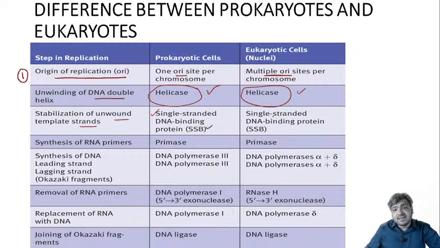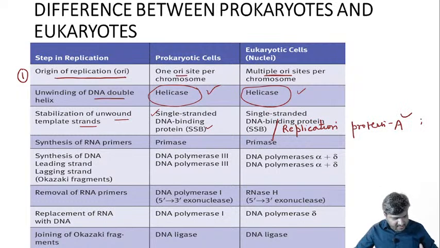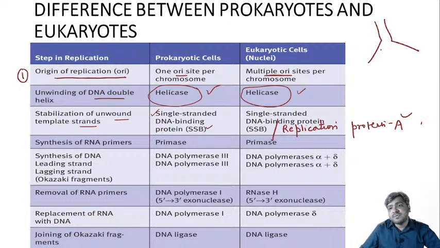And the single stranded binding proteins in eukaryotic cells are also called replication protein A. Apart from that, I have already told you that suppose these are two strands and they have unwound, now what ensures the two do not come back together? That is the single stranded binding protein.